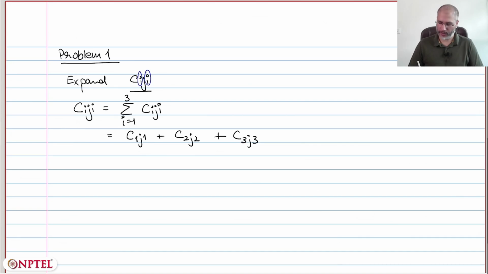And that's it. This is the expanded form. There's nothing more we can do here because j is a free index. So this term is general in j, and we have no knowledge of what the quantity C is, so we have to leave it at this stage.